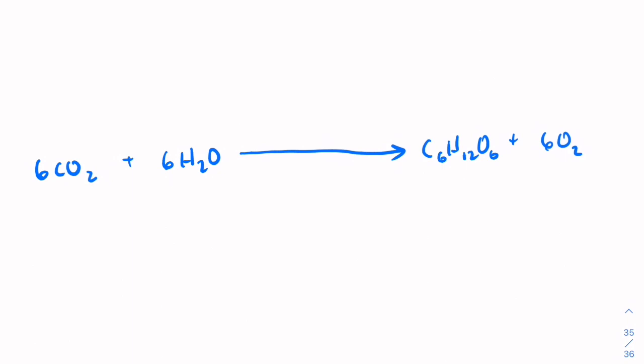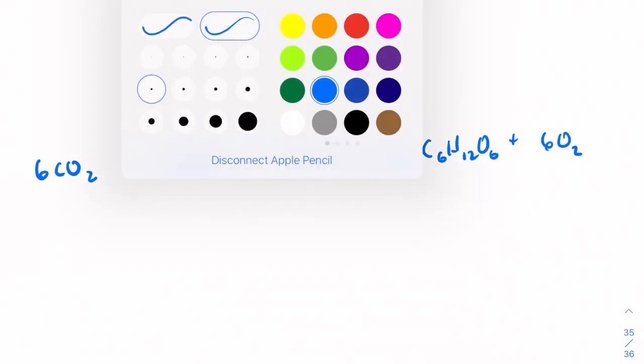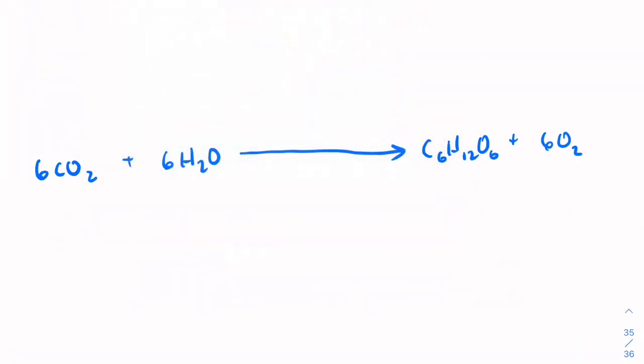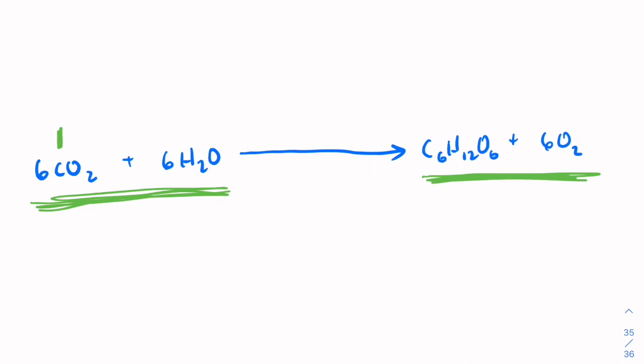All right, now remember for aerobic cellular respiration, I had you connect one of the reactants to the products. Let's do that again. Looking over on this side, I'm seeing that there is carbon only in CO2. Whereas over here on the product side, the only molecule that I see that has any carbon in it is glucose. So I'm going to connect those just like that.